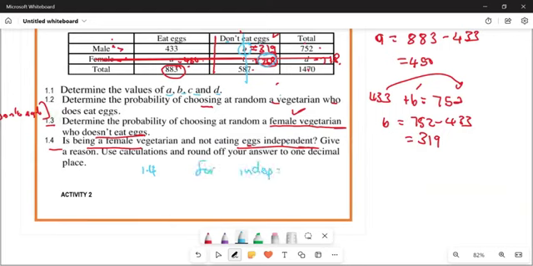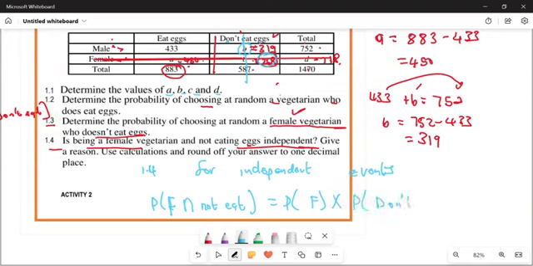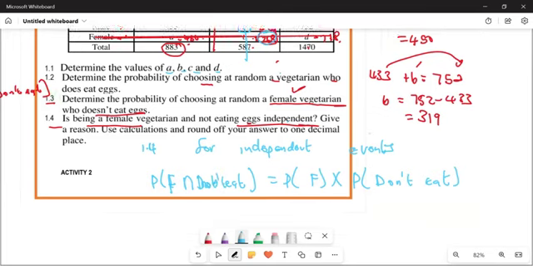For independent events, what should happen? It's that the probability of being female and not eating should be equal to the probability of being a female again, multiplied by the probability of do not eat.